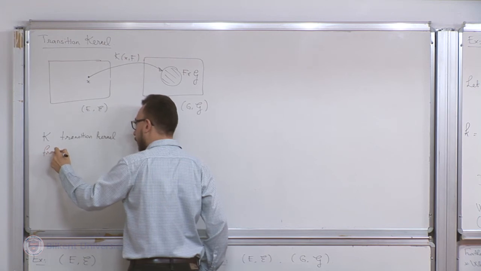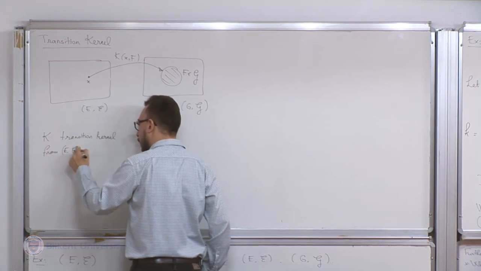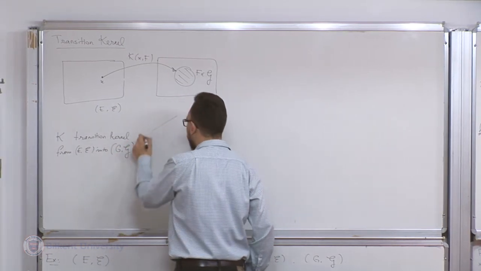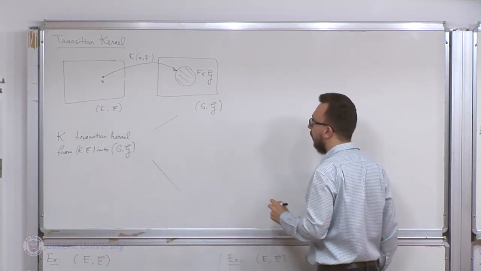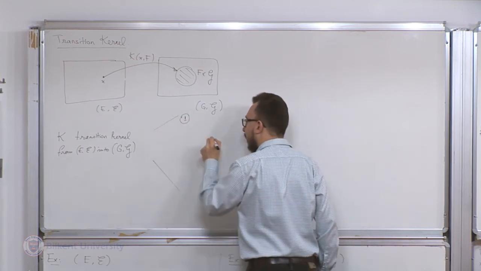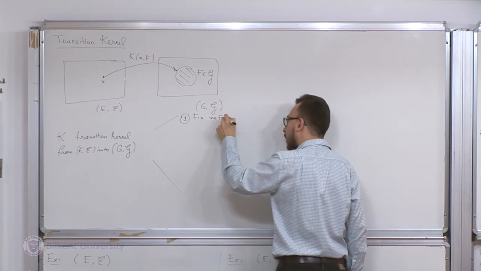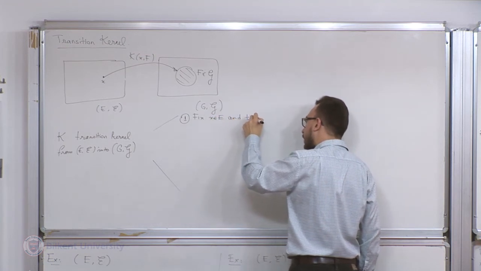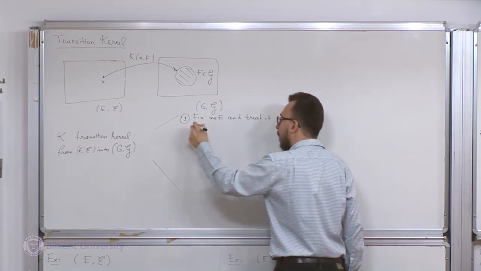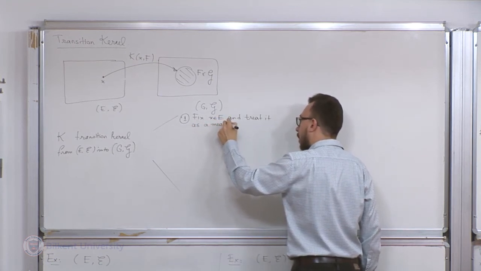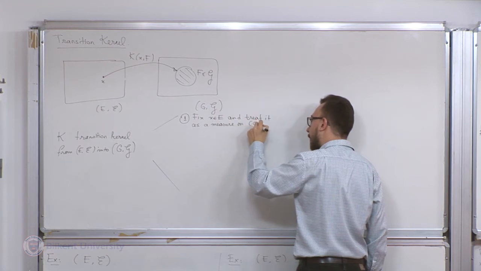From E into G. What can we do with that? Well, number one is that we can fix x and treat it as a measure on G.